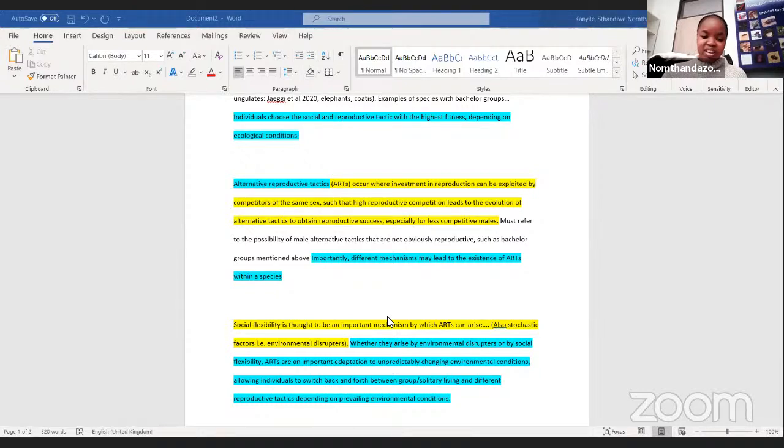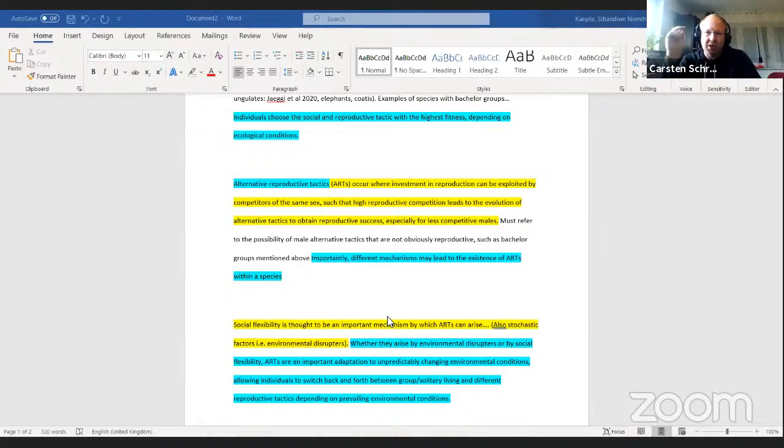Maybe I can find a better way to put this. No, I think it's okay. It's different mechanisms. And then in the next topic, one mechanism is social flexibility. So the mechanism is the topic, which comes from the terminator sentence before, and the social flexibility is the news of the sentence.